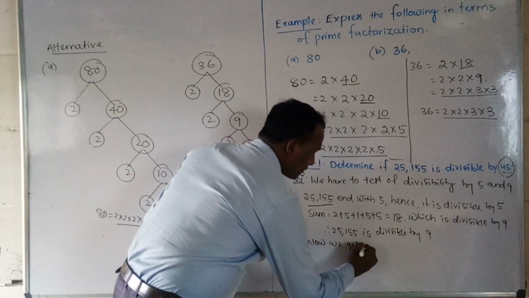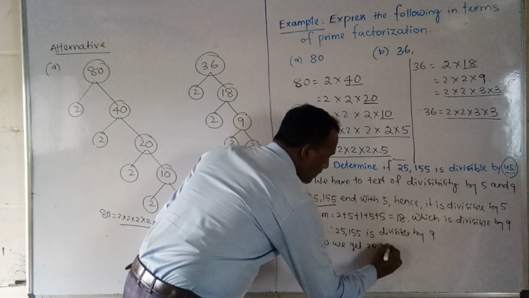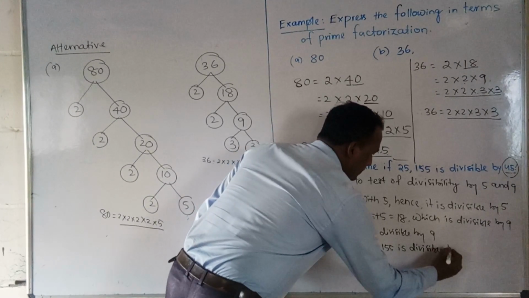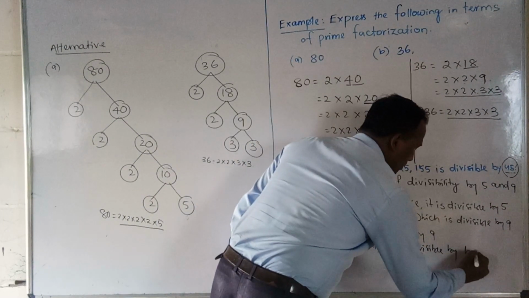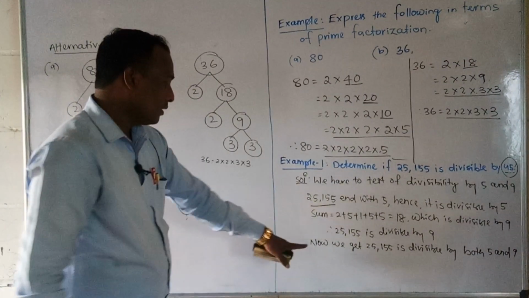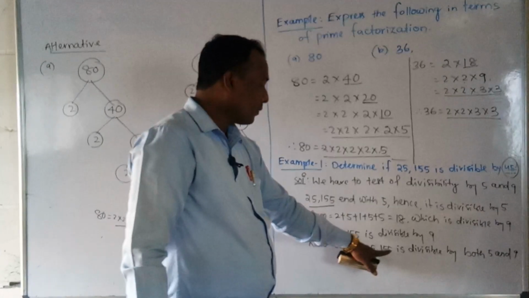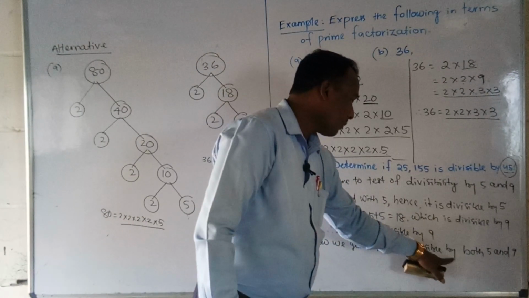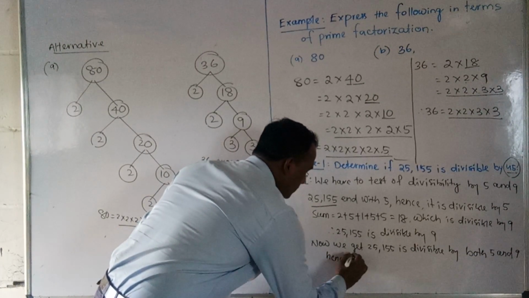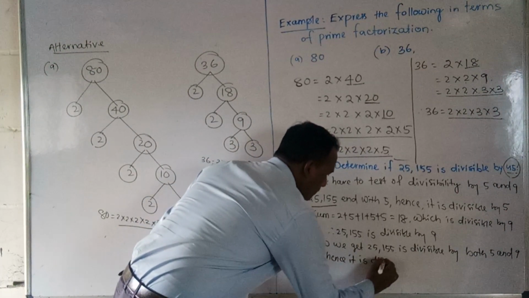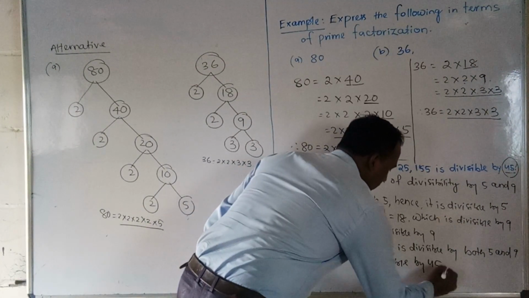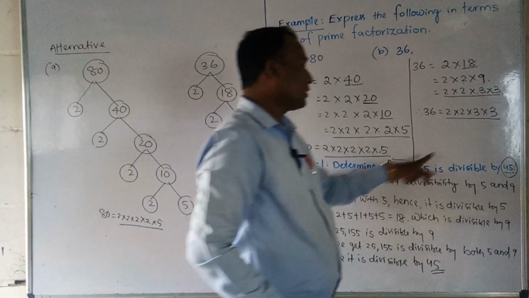So now we get 25,155 is divisible by both 5 and 9, hence it is divisible by 45.